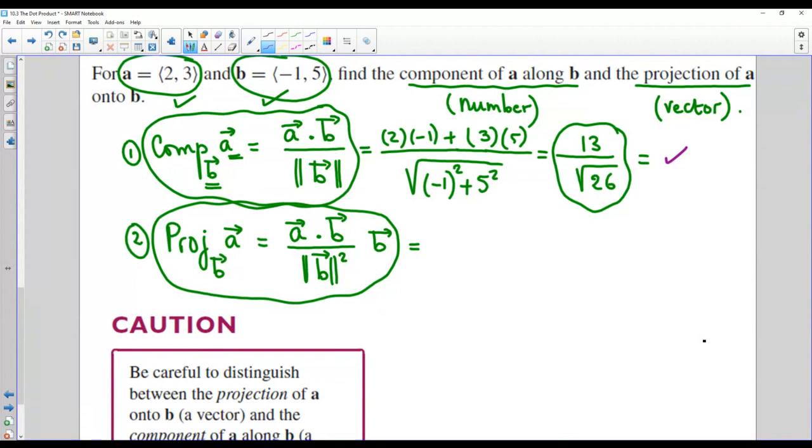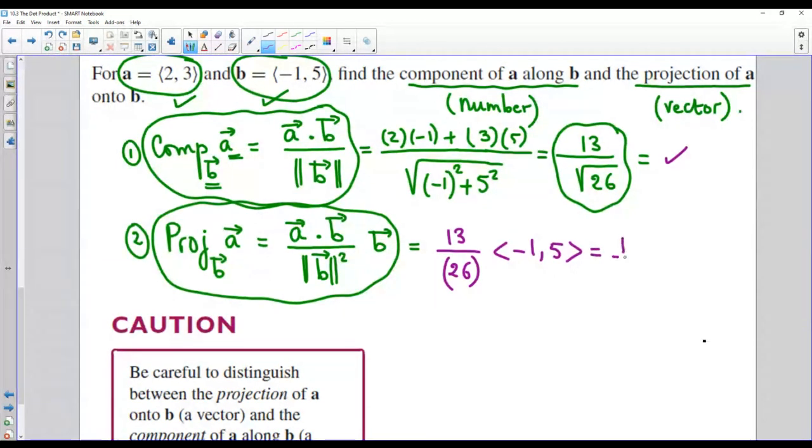So A dot B, we already found that. I think that's 13, so it's 13 over the magnitude of B squared, which is basically 26, and then multiply this by the vector B, which is -1, 5, like this.